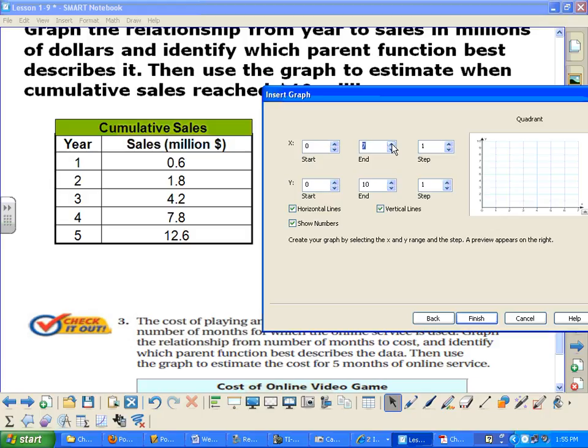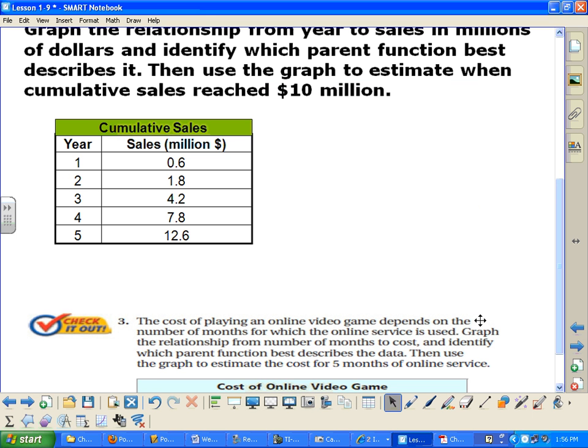And what about our y values then? Sales. That's our sales, and we want to go 0 to where? Maybe 15, because if we go to 15, we can go by 3s, right? So let's go 0 to 15.